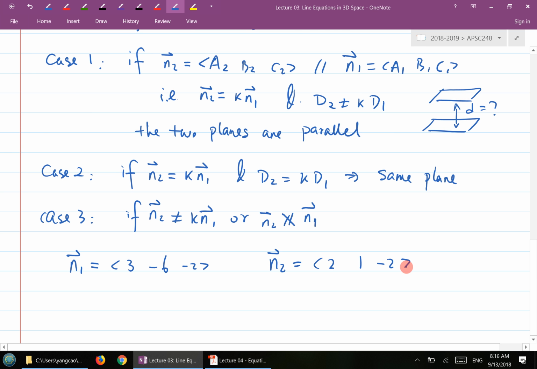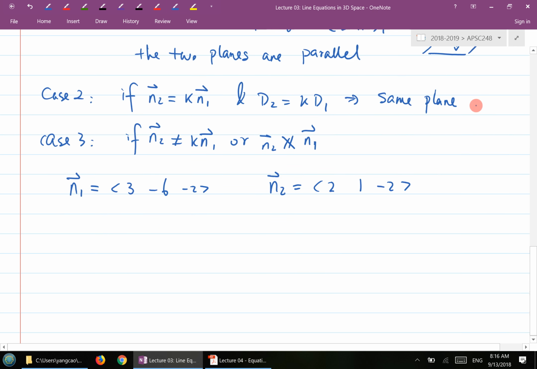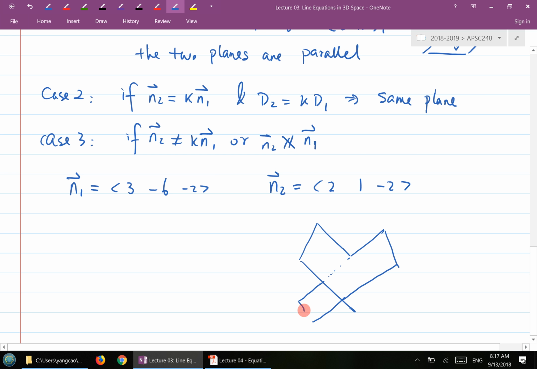It always helps if you can roughly sketch and illustrate the question to help you understand or solve it. So let's do a very rough sketch here. I've got two planes here.